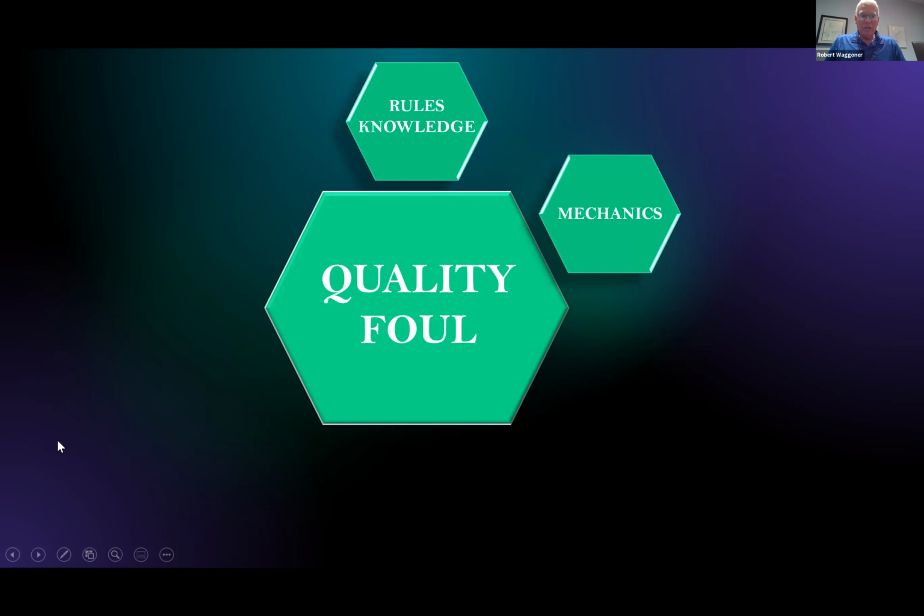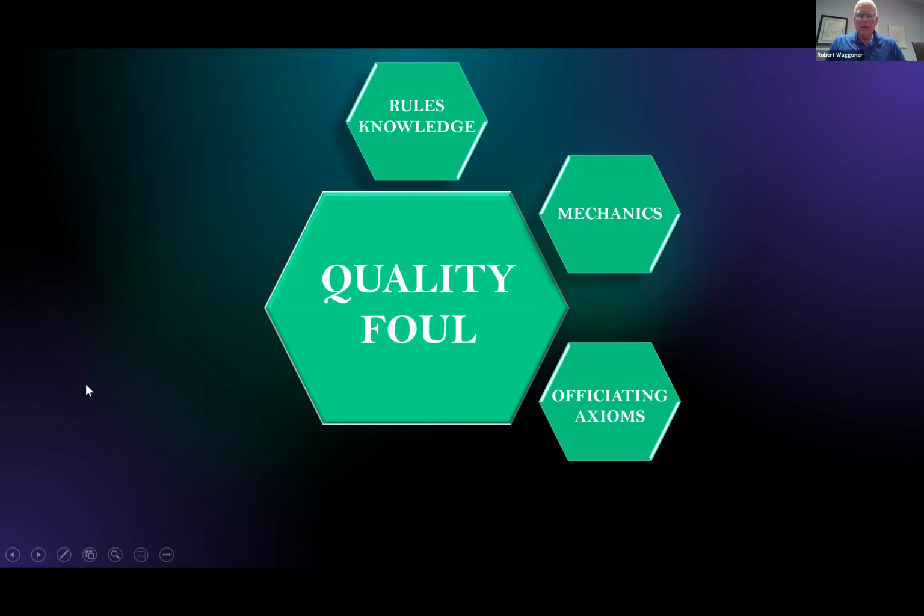So now we look at the next piece. Mechanics is certainly a part of quality fouls. Many of you have always heard that you've got to be in the right position to be able to see what you're calling, to make a determination of what actually is a foul and, as some people have said, an impact on the play. So mechanics becomes your second piece of the puzzle. Your next piece is officiating axioms.